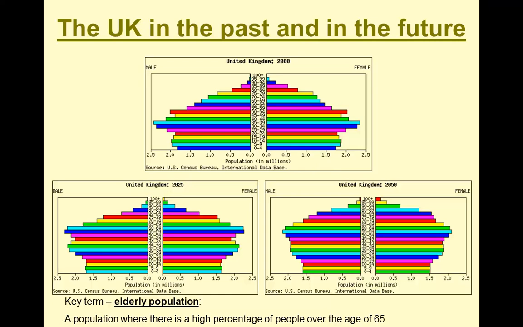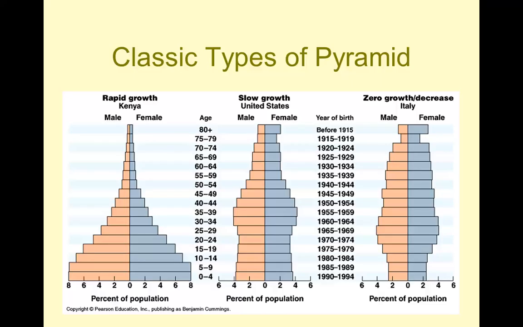So there are lots of different things we can see on these pyramids. These are our classic types, ranging from our LIC over here to our HIC over here. The United States is also an HIC, but its population is slowly growing, and a slow growth rate tends to mean it has straighter sides compared to the HIC.